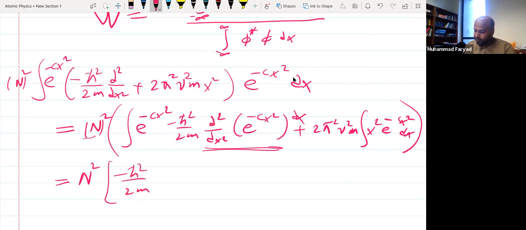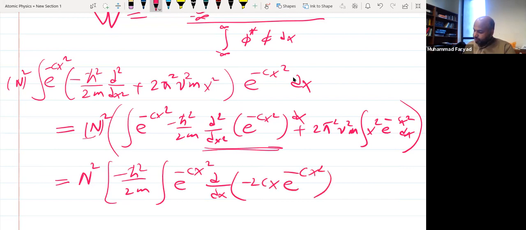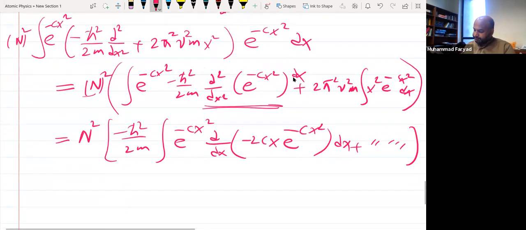Minus h cut square over 2m can be taken out. When I operate the first derivative, it would be minus 2cx exponential minus cx square, plus the last term.